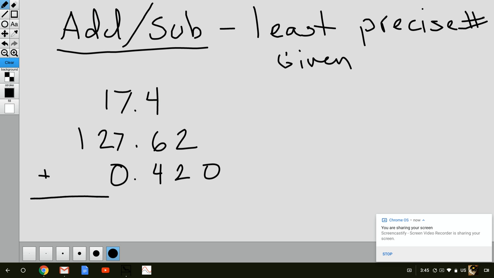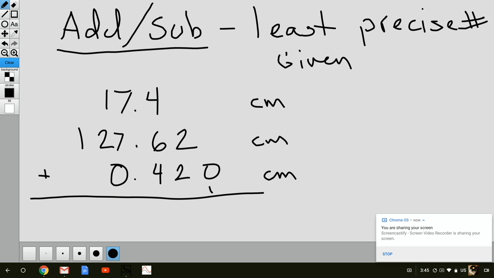We're going to add all of these. Now, let's identify the least precise number right now. Let's throw some units on here. Bad, champ, don't forget units. Okay, there we go.